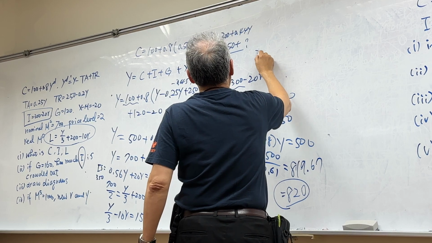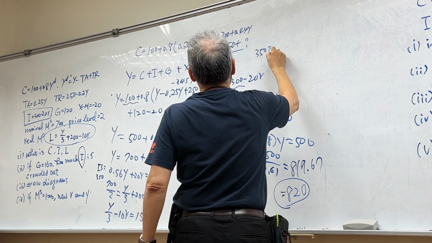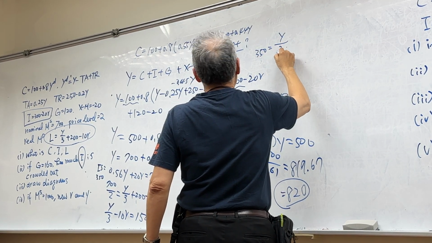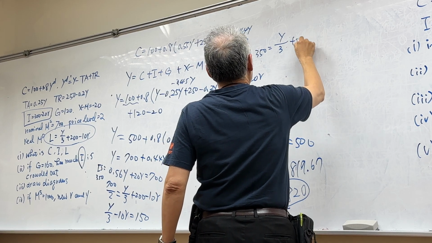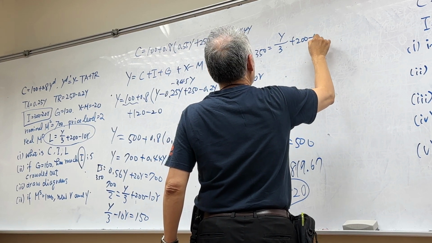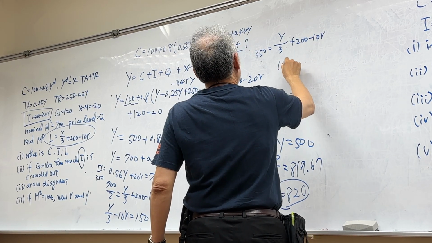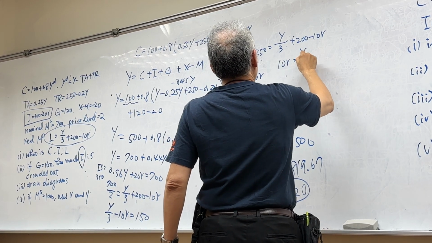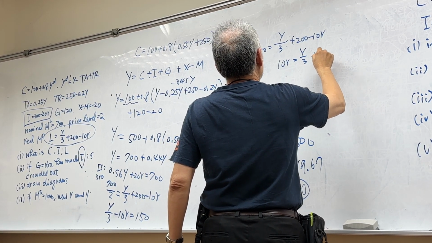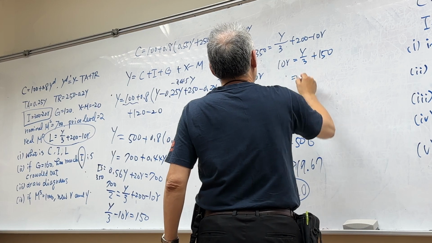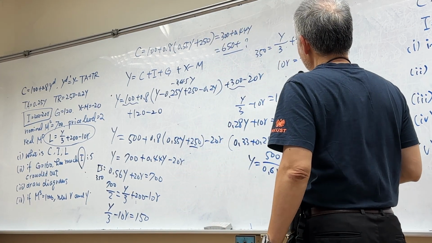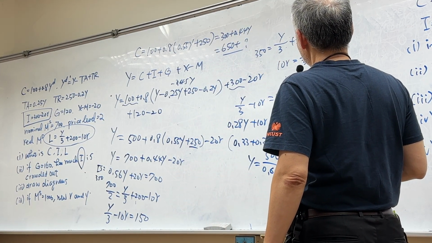So 350 is equal to y over 3, okay, plus 200 minus 10r, right? So 10r is equal to y over 3 plus 150, okay? So it's so big, it's kind of amazing.